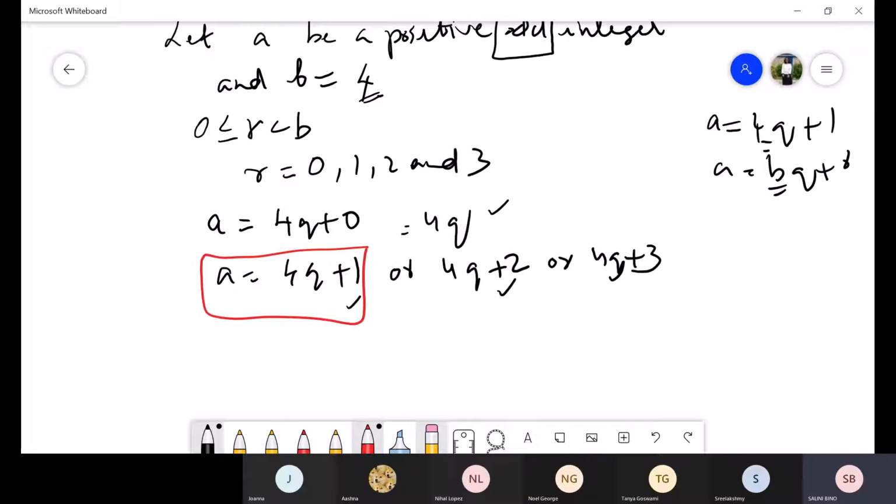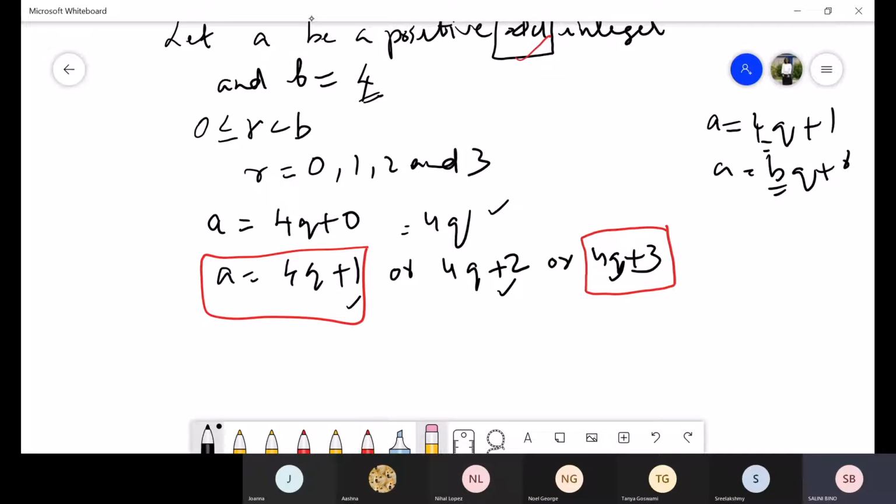Now what about 4Q plus 2? 4Q is already even. And if you add 2 to it, it will be even. And we need an odd integer. So we can just ignore that value. Now try 4Q plus 3. 4Q is even. If you add 3 to that even number, you will get an odd integer. So we are going to take 4Q plus 1 and 4Q plus 3.